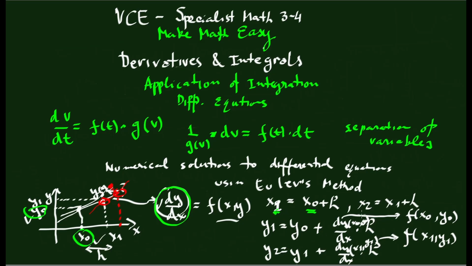Knowing x1, you get x2. And similarly, knowing the point x0, y0, you get the other one. So that will be more clear on an example. Let's do an example.